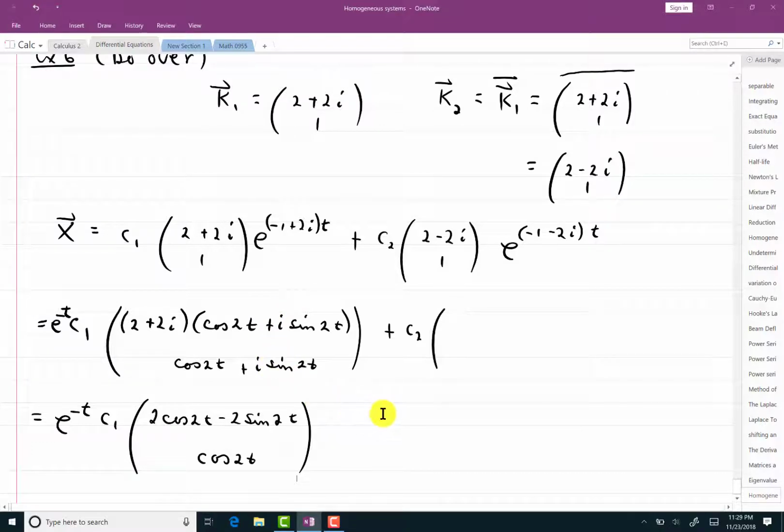Now this will, by virtue of that, also be attached. I'm going to break the i stuff off of there. So I have e to the negative t, C1 i, and that will give me, let's do the i portion, so I'll have 2 sine of 2t plus 2 cosine of 2t times i. And the bottom part will just be sine of 2t.